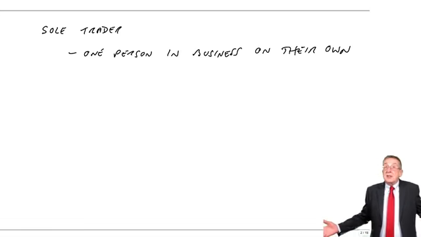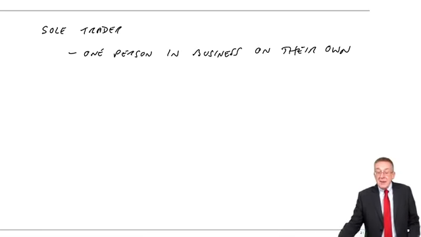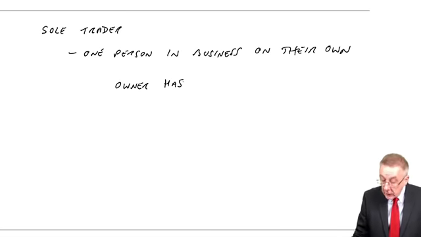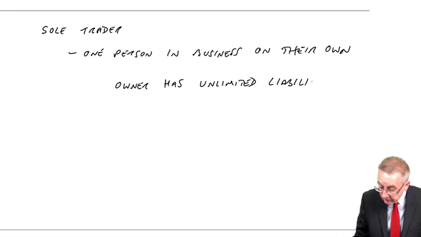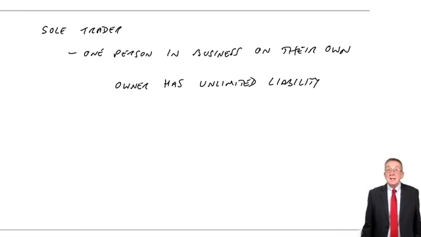If that involves me selling my car, selling my house and so on, so be it. But the owner has what we call unlimited liability. I personally am responsible for everything the business does. I'm personally responsible for everything the business owes.